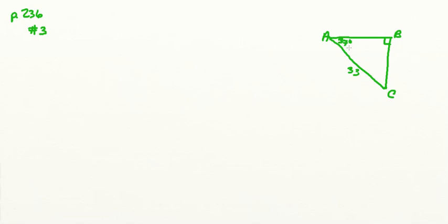We have 37 degrees. So if we want to use trig, we'll have to first figure out what side we want to do. First step is always to label your sides. That's going to be your hypotenuse. Opposite your angle is opposite. By it is adjacent. If you want to use trig, we have hypotenuse. So it's going to be easiest to use sine or cosine first to find your opposite or your adjacent first.